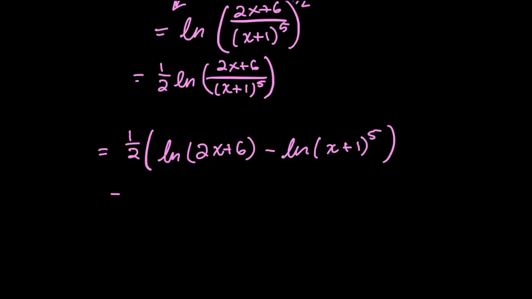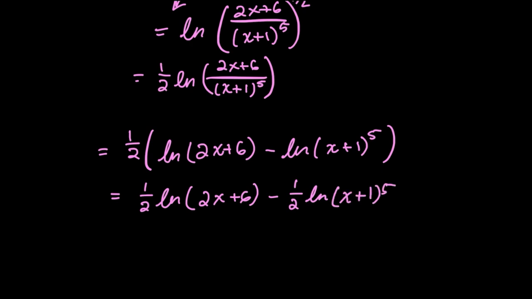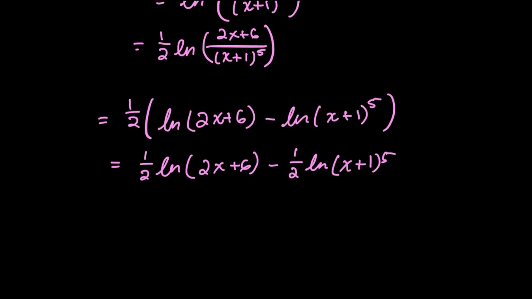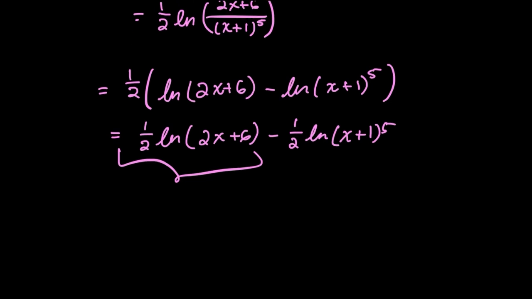So you could write it like this, or you could write it as 1/2 natural log of 2x plus 6 minus 1/2 natural log of x plus 1 to the power of 5. So all I'm doing is just distributing that 1/2 to the two things that I have inside of my parentheses. So now my first term cannot be simplified further, and the second term, I do have something that I could simplify.